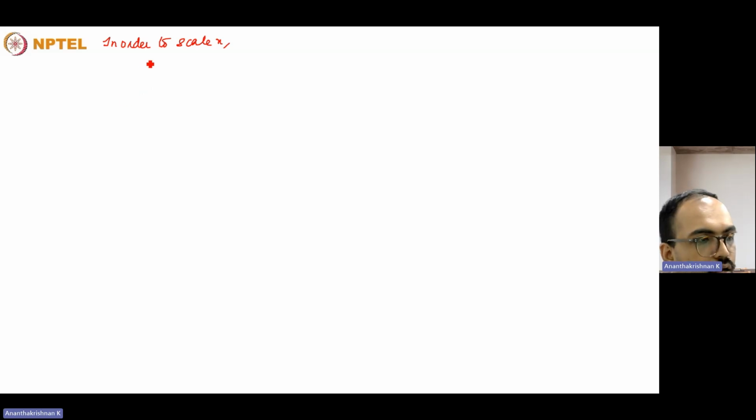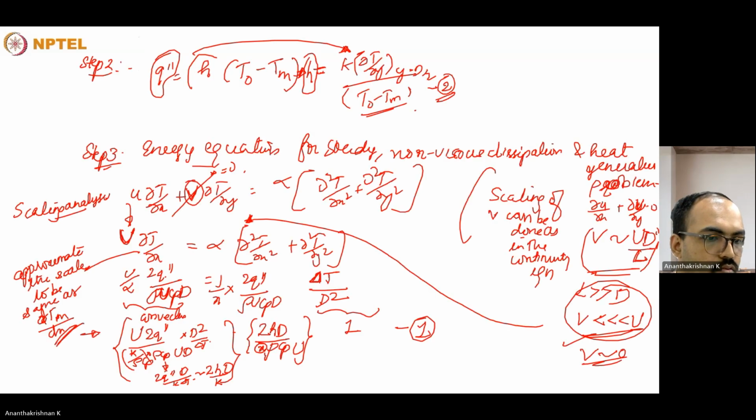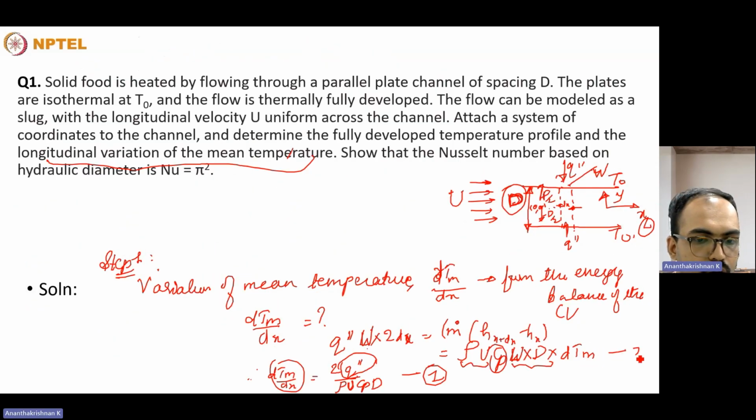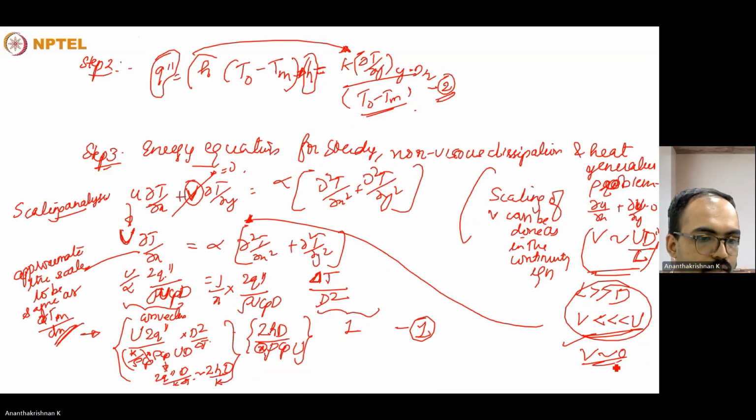I can write ∂T/∂x is of the order of ΔT; you can denote this by 1 and this by 2.